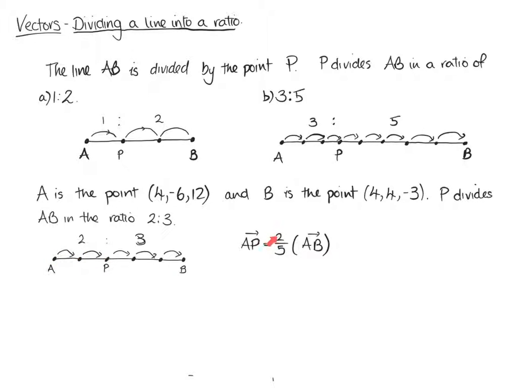So the numerator is 2. So it's 2/5 of that full length from A to B, because it's been split into even bits, so we can create fractions from it.